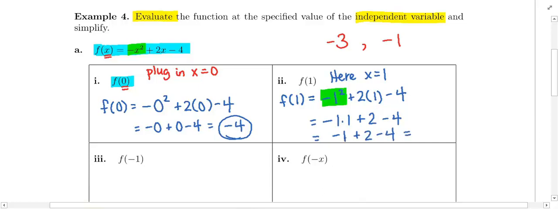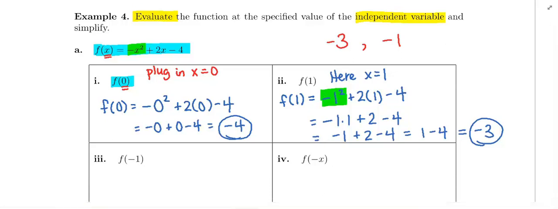Negative 1 plus 2 is 1, minus 4. So the correct answer here is negative 3. If you got the other answer I expected, negative 1, that means you did negative 1 squared, the whole thing squared. You did negative 1 times negative 1 and got positive 1 out of this green piece when you should have gotten negative 1.